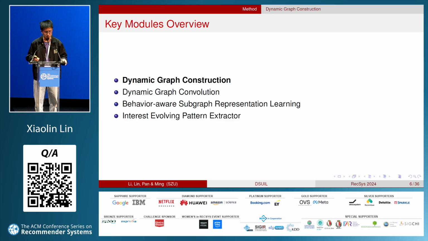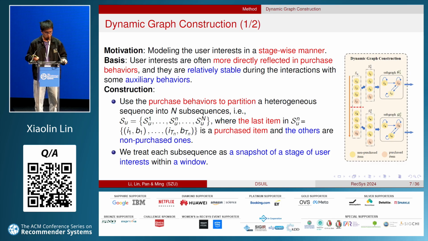The first module, dynamic graph construction. As we want to model user interest in a stage-wise manner, we hold a basic assumption that user interests are more directly reflected in the purchase behaviors, and they are relatively stable during the auxiliary behaviors.